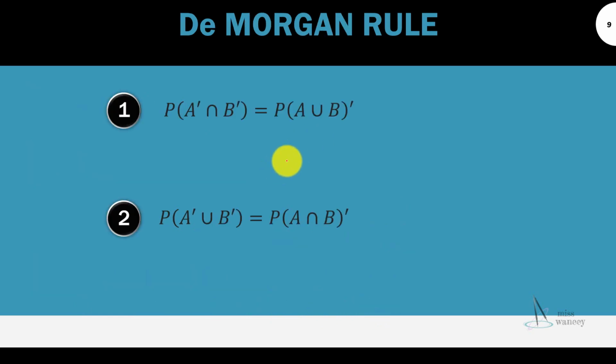Okay, so I do add one more into the probability rules, where we have the De Morgan rule. If you have probability of A prime overlap with B prime, that is equal to probability of A union with B and then prime outside. To remember them easily, you can factorize the prime outside and then flip the sign in between them.